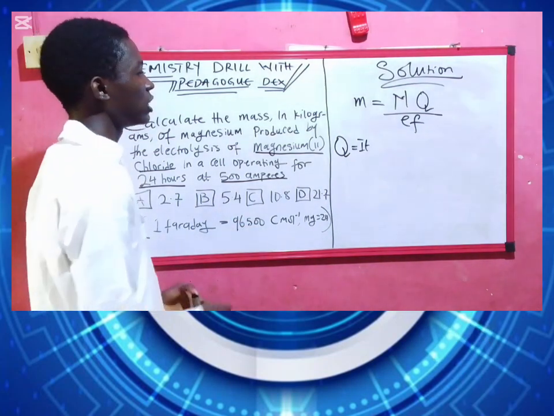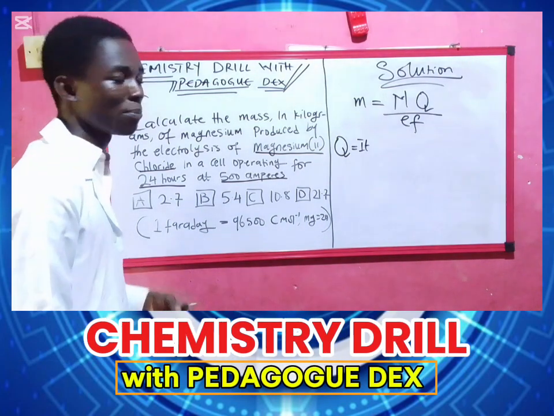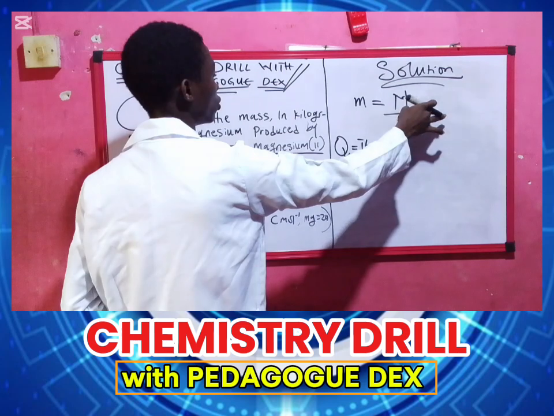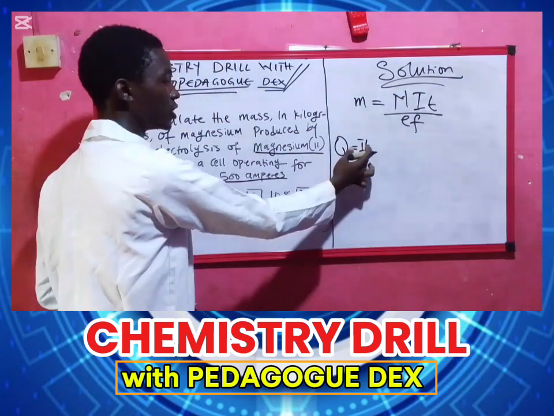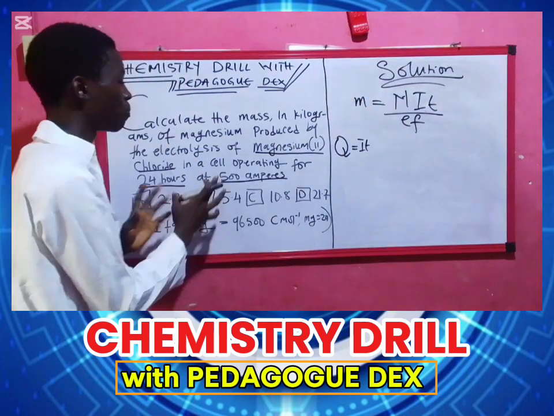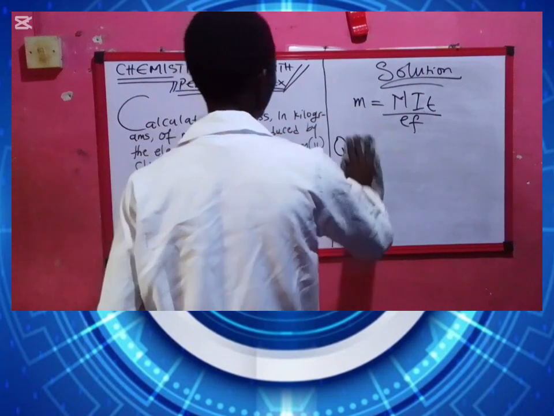So I can remove the Q in this formula and replace it with IT, because Q is also equal to IT. We are going to be solving with this formula, and it will perfectly handle this particular JAMB question. So let's go straight to business.